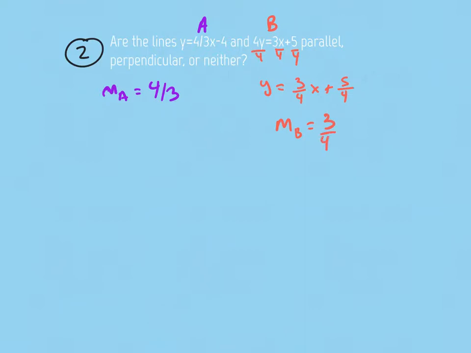If they were parallel, they would be the same number, and they're not, so it's not parallel. They're not opposite reciprocals, because this is positive and this is positive, so that opposite part is not there. They are reciprocals, but they're not opposite reciprocals, so they can't be perpendicular either, which means these lines are neither.